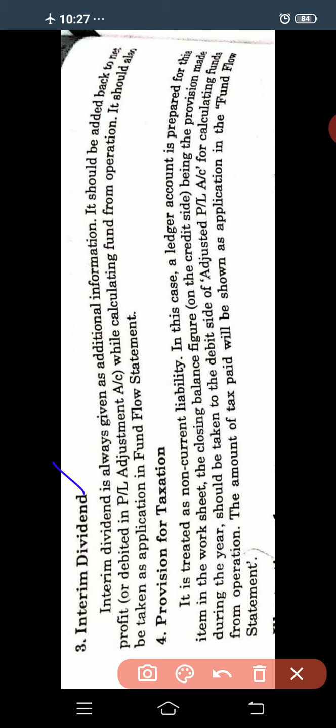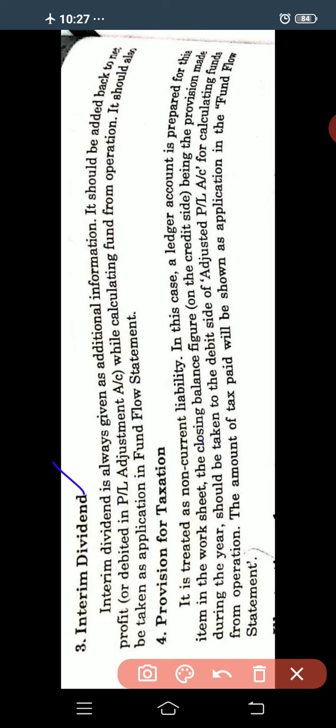So whatever information is given in the adjustment, we have to record twice, right? One while calculating fund from operation, then one more in the fund flow statement, where we have to consider it as application.